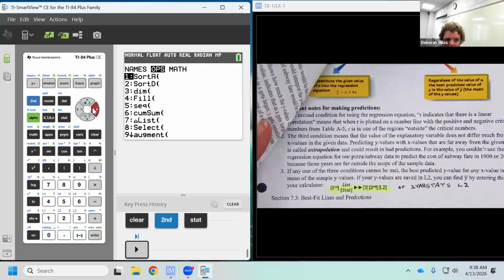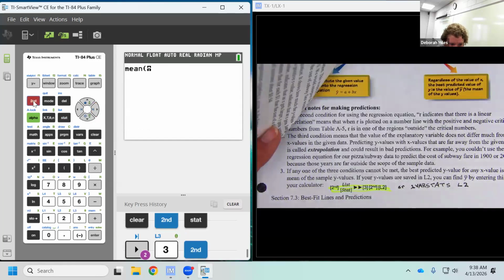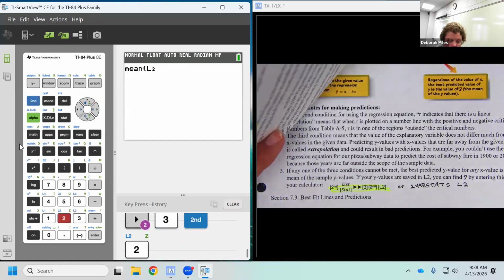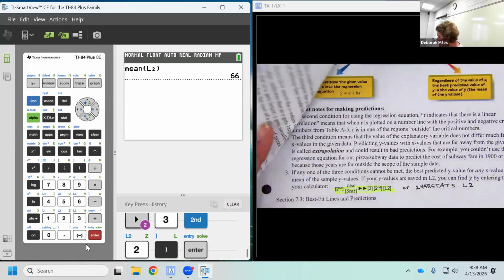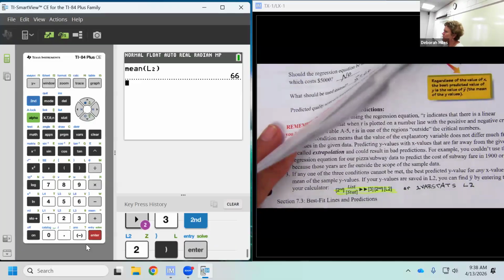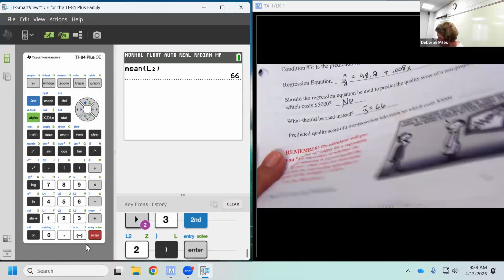If I cursor over to math and then tell the calculator I want the mean, number 3, and then say mean of list 2, that should give me the same thing, 66. I think I'll stick with 1-var stats since I already know that. Just make sure you're finding the mean of list 2, not the mean of list 1.